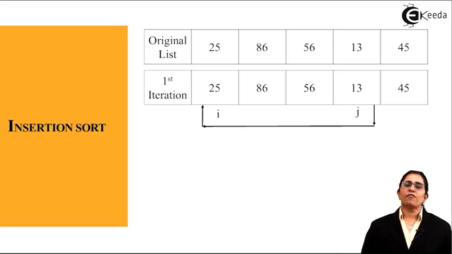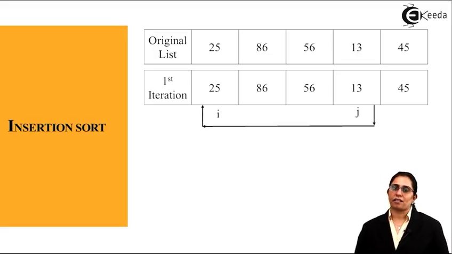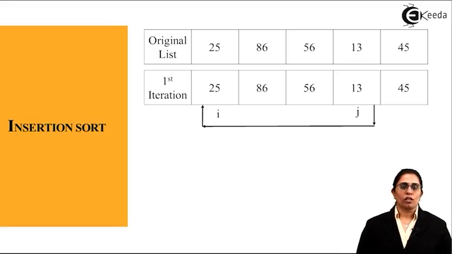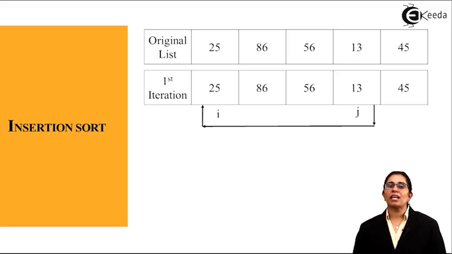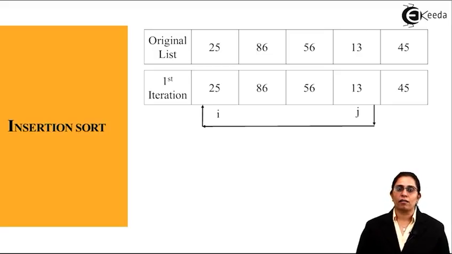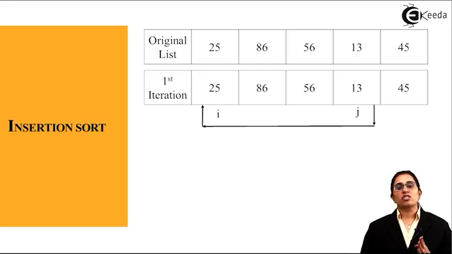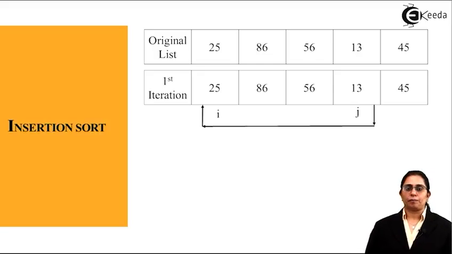So as 25 is at location i, it is compared with all the further elements. The first step that I do is I compare 25 with 86. Is 25 greater than 86? The answer is no. So there will not be any insertion sorting method or technique applied over here. So my j gets incremented by 1.